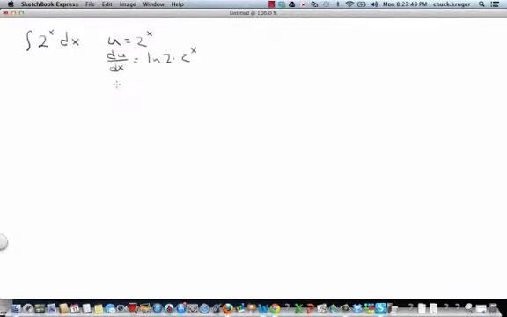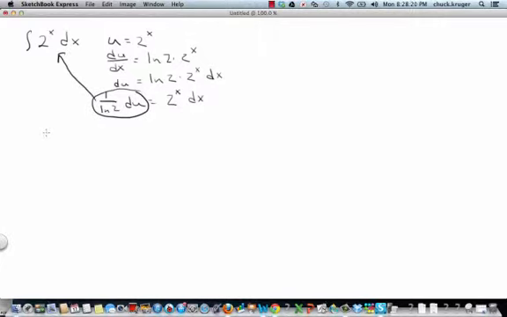Well, that means du is equal to the natural log of 2 times 2 to the x dx, and I have 2 to the x dx, but I don't have the natural log of 2, so I'm going to write this as 1 over the natural log of 2 du is equal to 2 to the x dx. And I'm going to replace this with that.